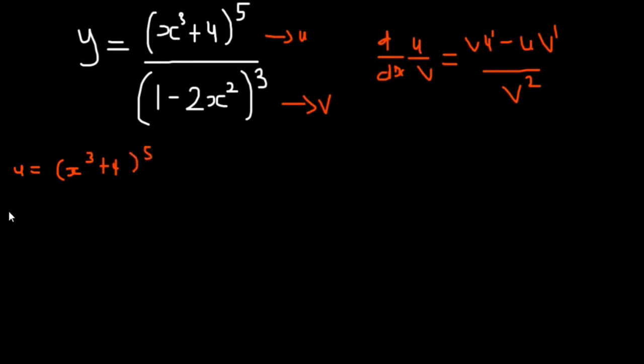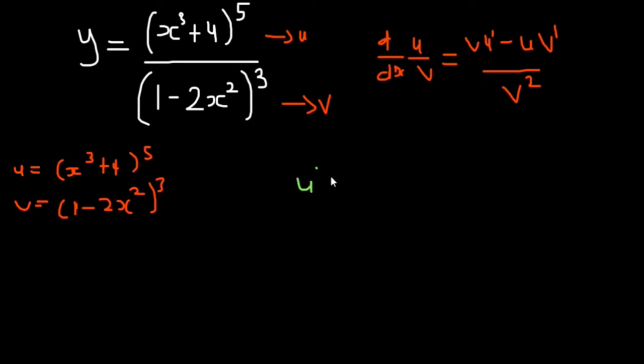I know that my v equals 1 minus 2x squared, all to the power 3. Okay, so now you have our formula here. So you know v and you know u. So what's left is u prime and then v prime. So let's find u prime and v prime.